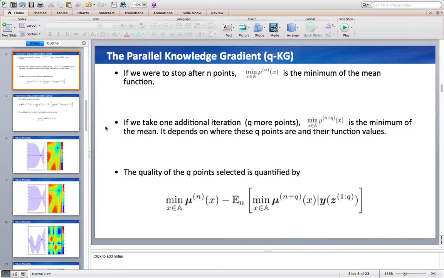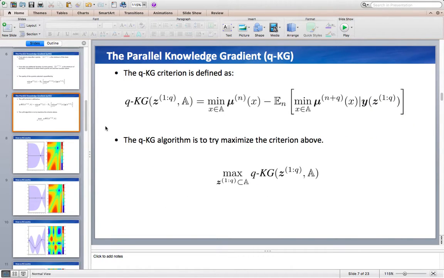If we take one additional iteration and evaluate q more points, we can improve our minimum of the mean. The difference between these two quantities is the information gained by observing q more points. So the q-KG criterion is defined as the difference between these two minimum-of-the-mean functions, and our q-KG algorithm tries to maximize this criterion.